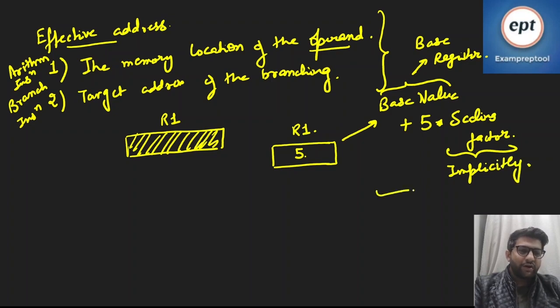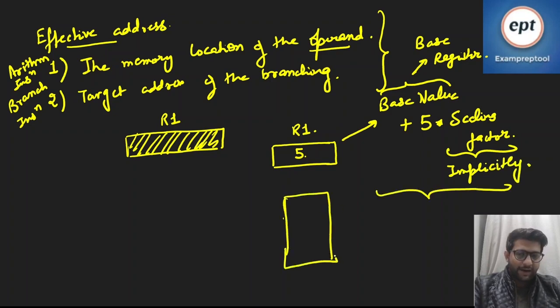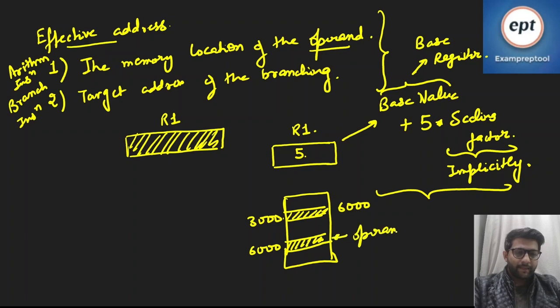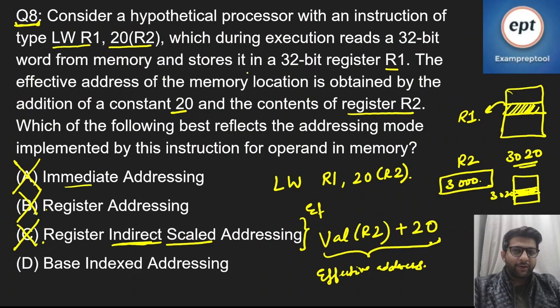This gives us a memory location, say 3000, and at that memory location another memory location is stored, say 6000, and at that location our operand is there. So this is how we get the operand in this addressing mode. Are we doing this in this instruction? No, so this is also wrong.